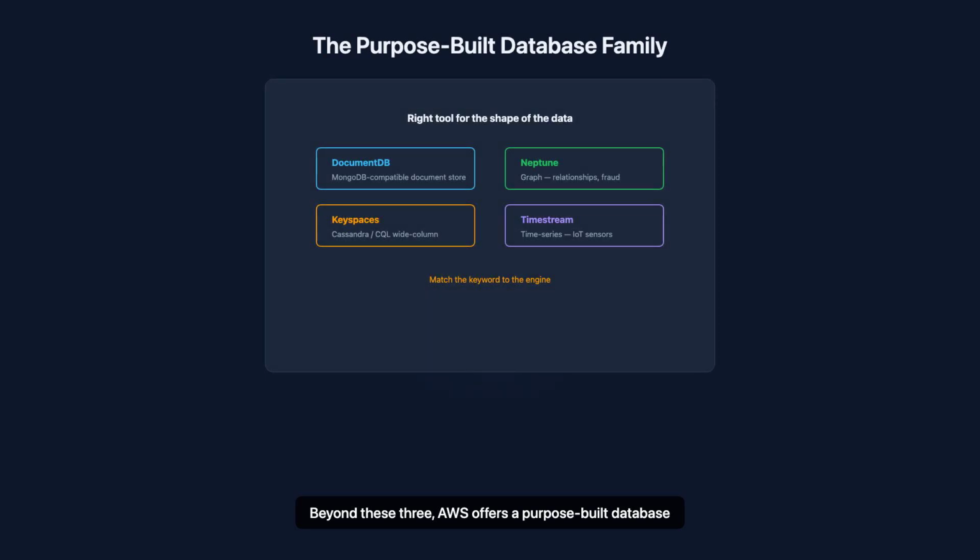Beyond these three, Amazon Web Services offers a purpose-built database for each data shape, like a toolbox where you don't drive every screw with a hammer. DocumentDB is a MongoDB-compatible document store. So when a question says MongoDB, that's your match. Neptune is a graph database for relationships and connected data, powering recommendation engines and fraud detection.